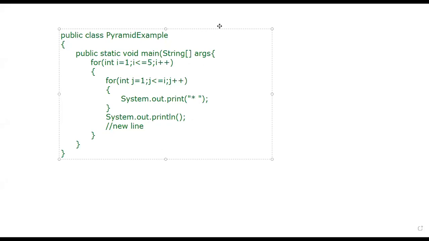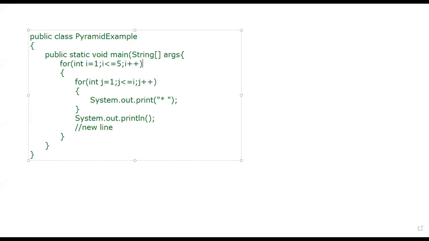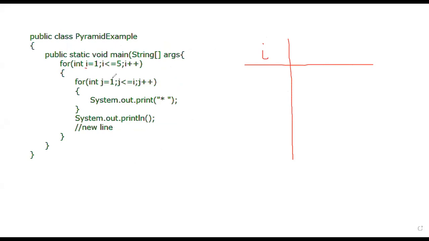So we have this code. Now this is how this program is going to be executed. You have values of I here. Let me just draw it like a table. And then you have values of J, which is within the I.